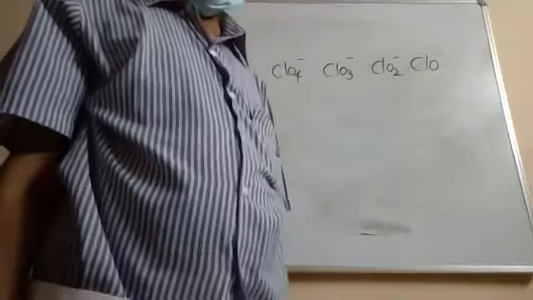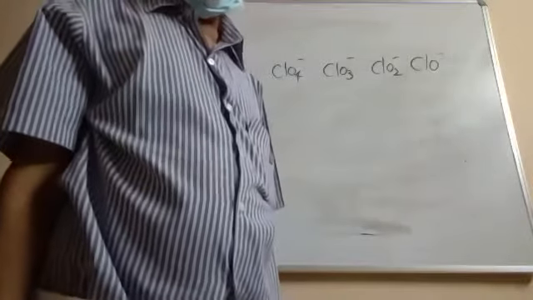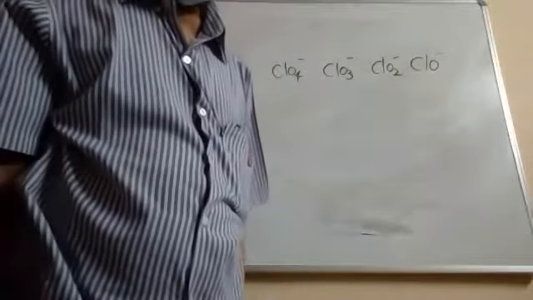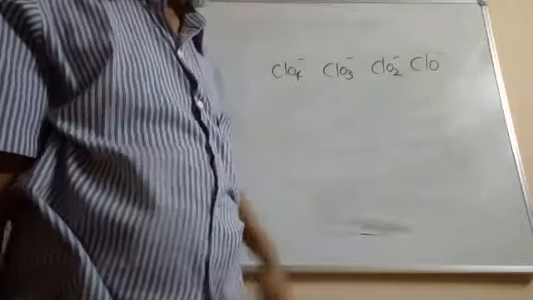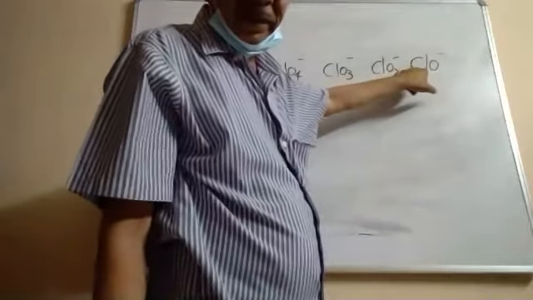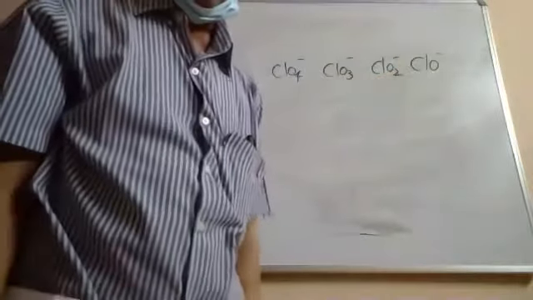Perchlorates, no. Perchlorates are very difficult to get reduced. Perchlorate oxidation is only for killing bacteria, but if you want to do a real oxygenation, you have to use ClO minus, hypochlorites.